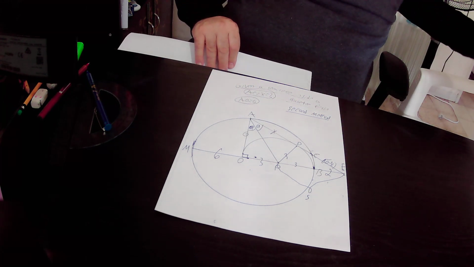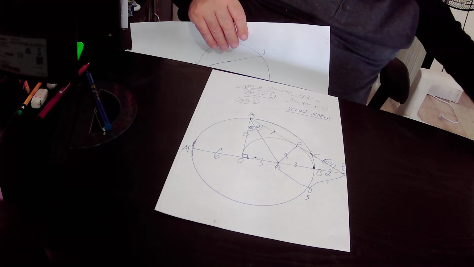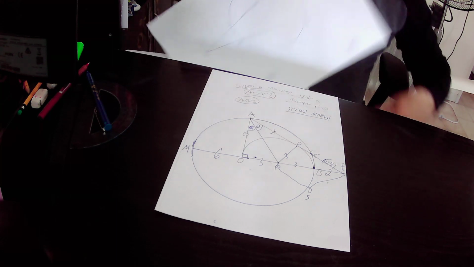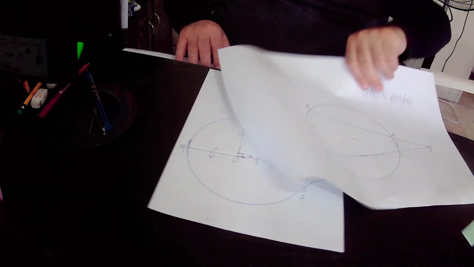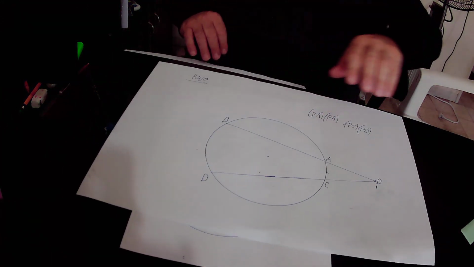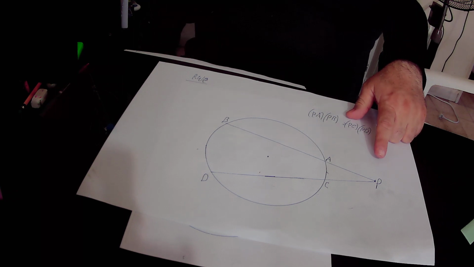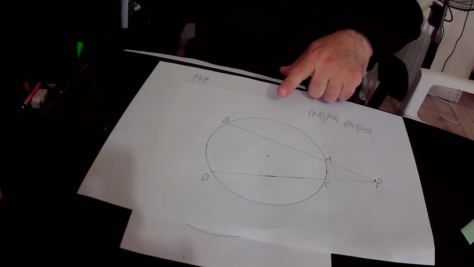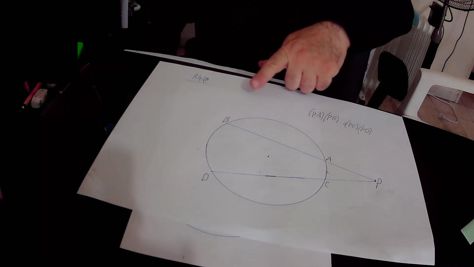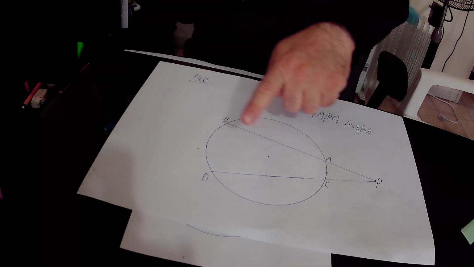Okay. Then I present to you a new rule. Here we have the example point P. From point P we draw two chords to this circle. The first chord is called AB, the second chord is called CD.